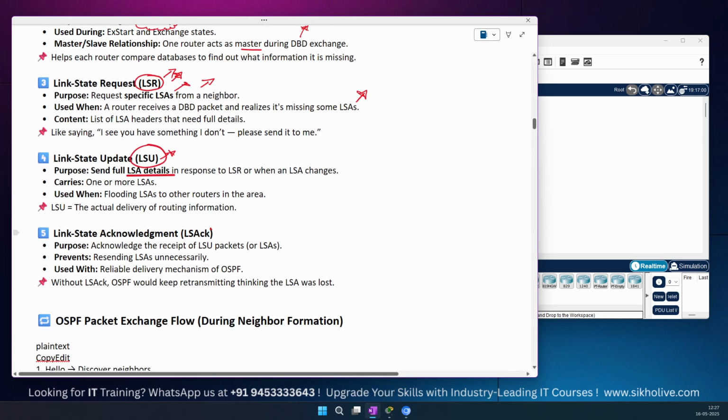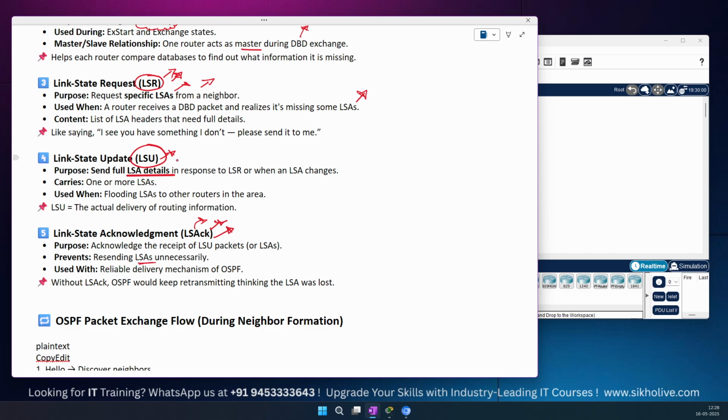And there is acknowledgement. What about acknowledgement? It is the final step after LSR and LSU, an acknowledgement of receipt of the LSU packet, meaning the packet has been processed successfully. So it is basically a success message, a successful update by LSU. It prevents resending LSA.